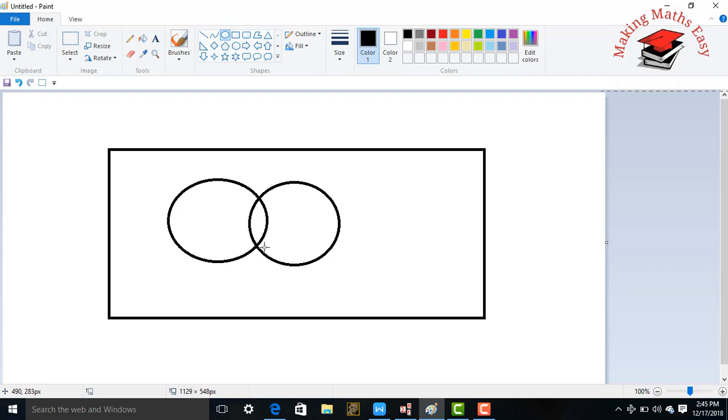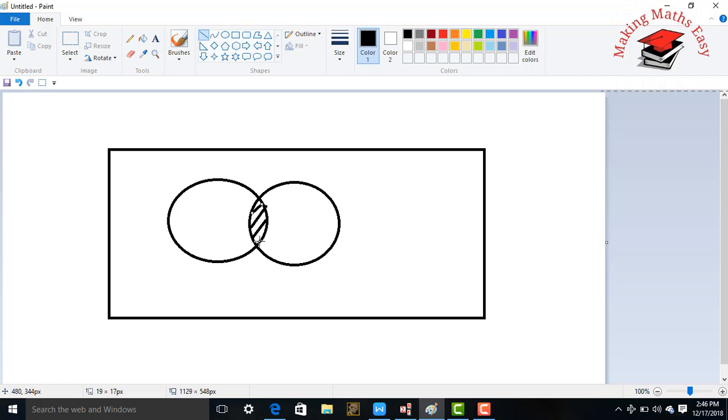In both cases, either A or B has lost some part of its set. We can represent it by using shaded lines. This is the representation.